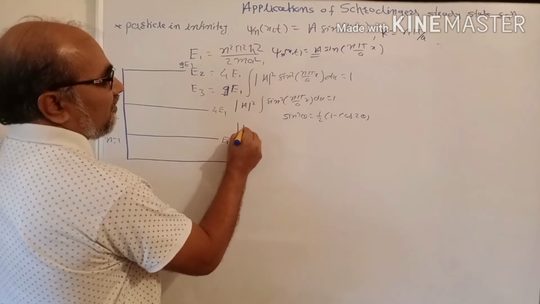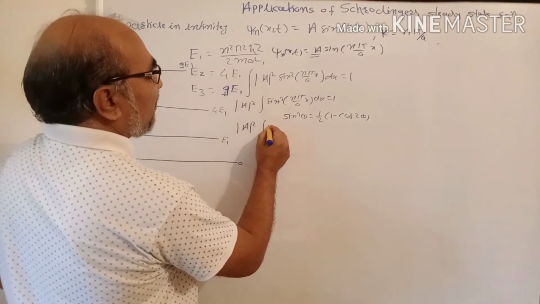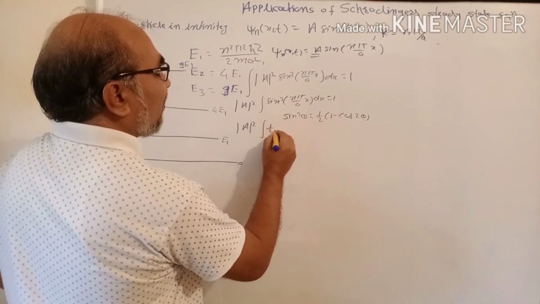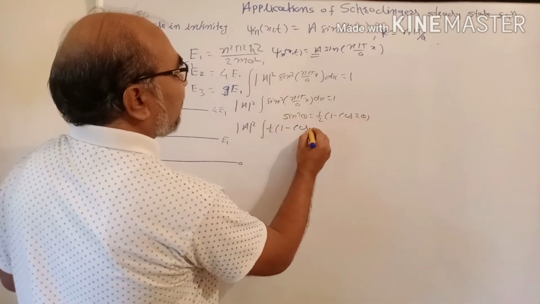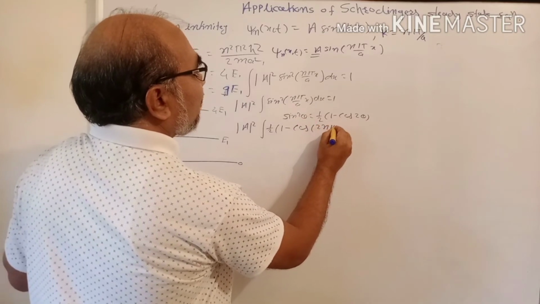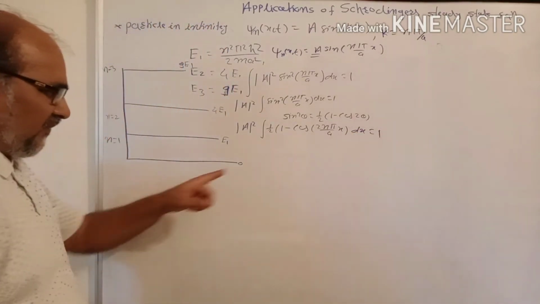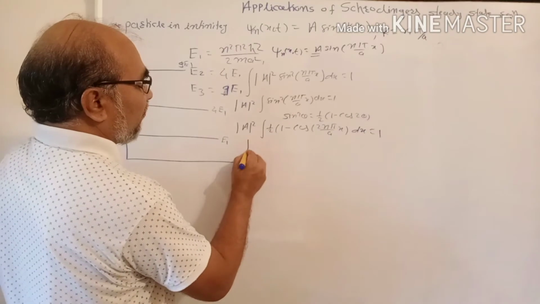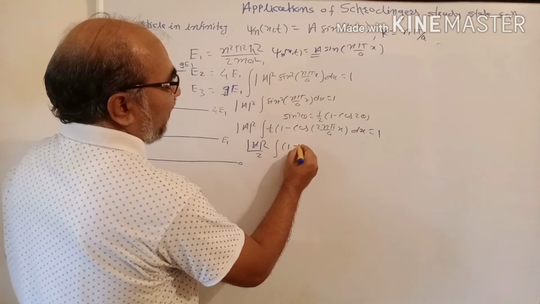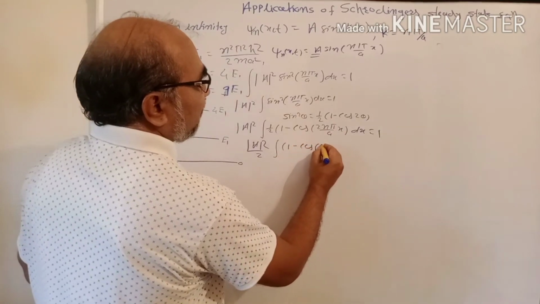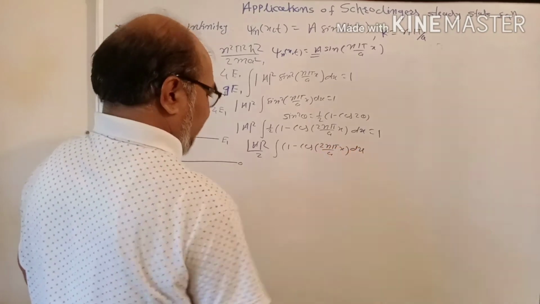Put this value here. We get mod A square times the integration of 1 half into 1 minus cos of 2n pi by a into x dx, which is equal to 1. Taking 1 half outside, we get mod A square by 2 times the integration of 1 minus cos of 2n pi by a x dx.